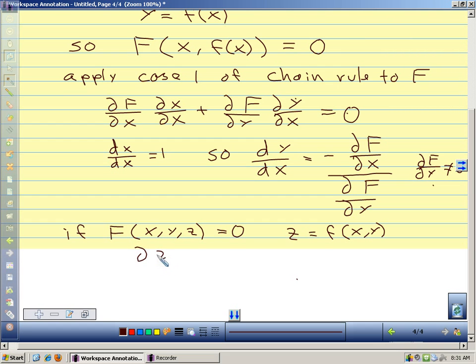So dz/dx is minus f sub x over f sub z, and dz/dy equals minus the partial of f with respect to y over the partial of f with respect to z.